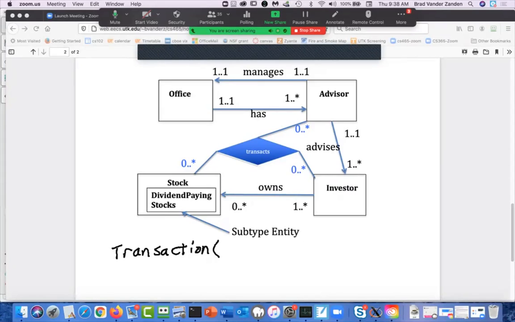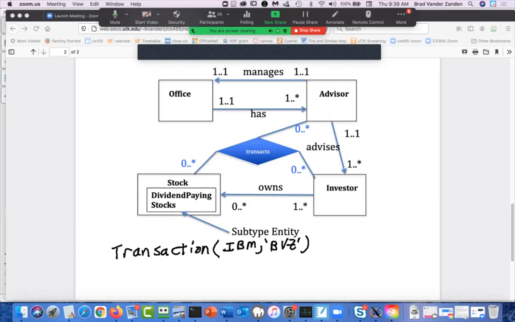So if we down here have some stock like IBM, and we have some investor like BVZ, then the question is, how many advisors may have executed this transaction for me.